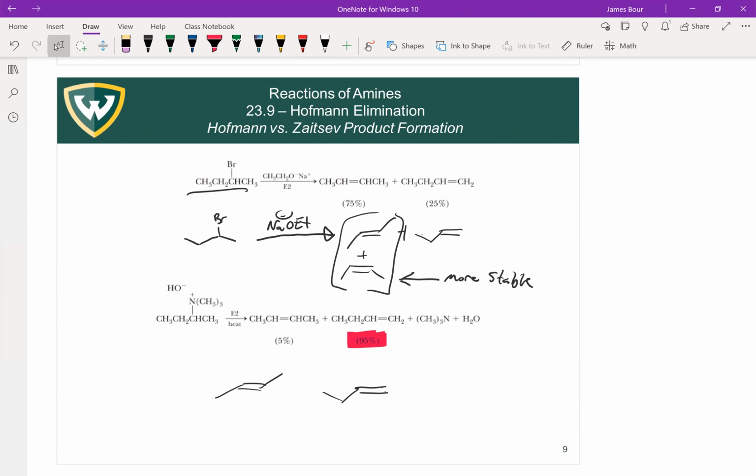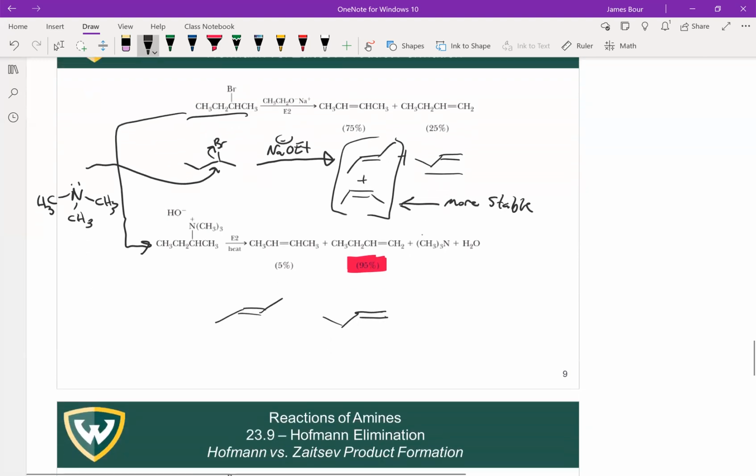So if you were in lab and you said, hey, I want 1-butene, not 2-butene, as the major product, you could actually make this happen by forming the ammonium and then forming the hydroxide counterion. So the selectivity is different. You need to know the reactivity. And then no selectivity.